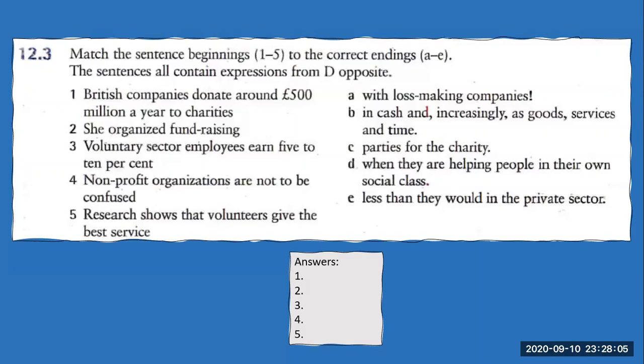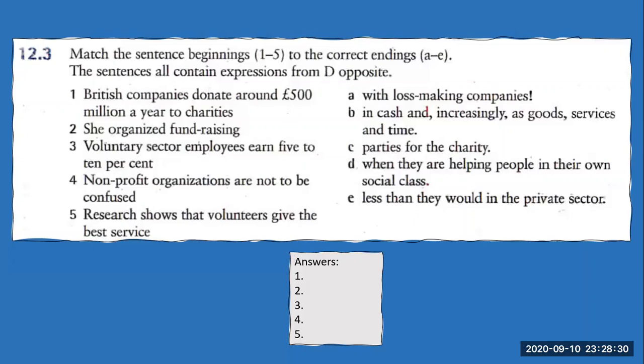So on the left, we have: Number 1, British companies donate around £500 million a year to charities. Number 2, she organizes fundraising. Number 3, voluntary sector employees earn 5 to 10%.